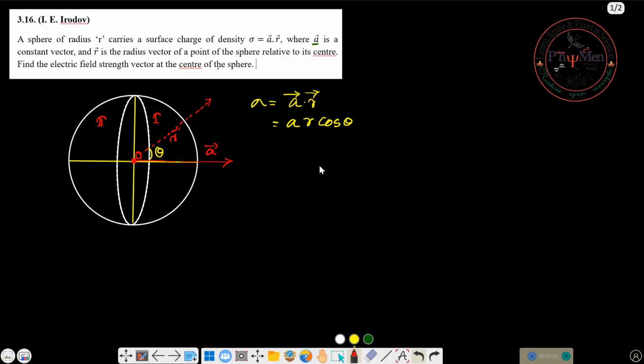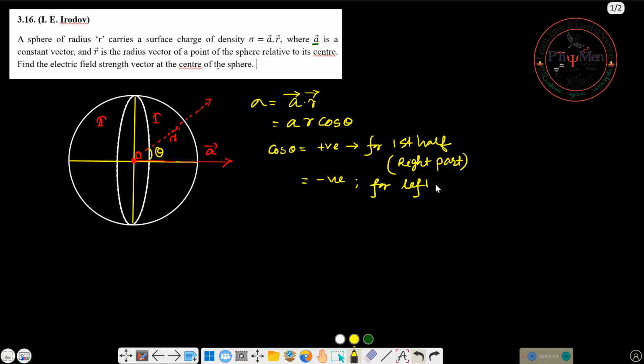In the first part, the value of cos theta is positive for the first half, that is the right part. And the value of cos theta is negative for the left part of the sphere.